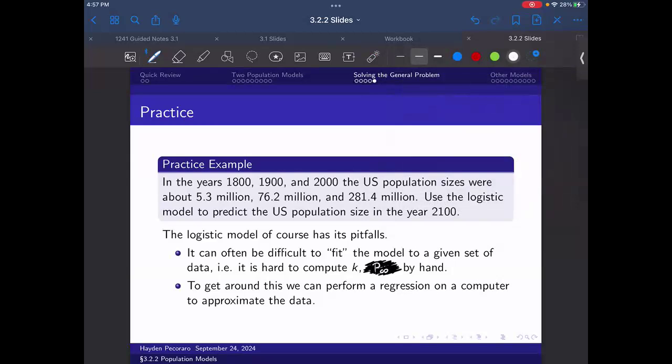So remember, you don't actually have to solve that differential equation anymore. You can use the solution that you wrote down.